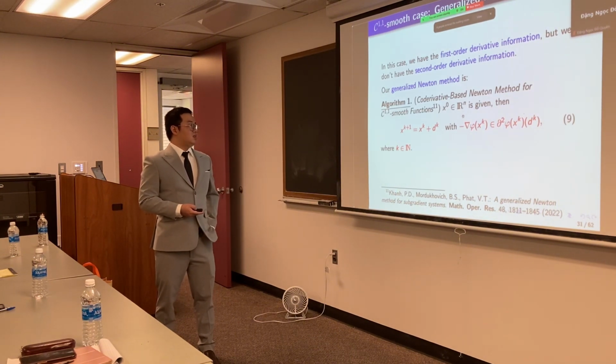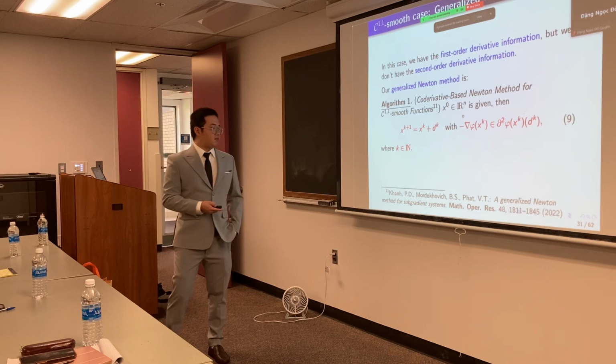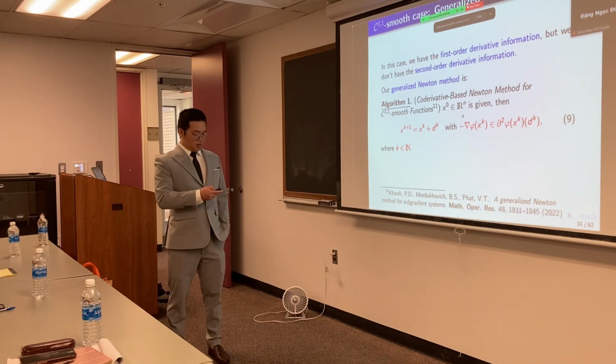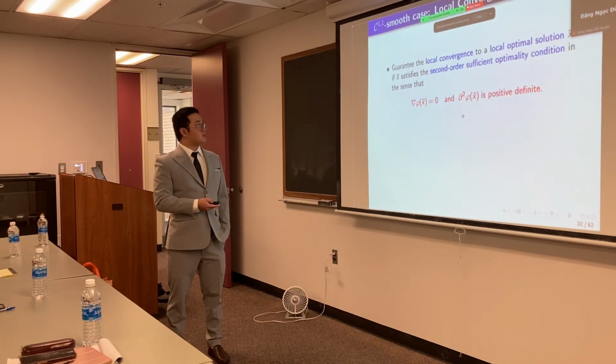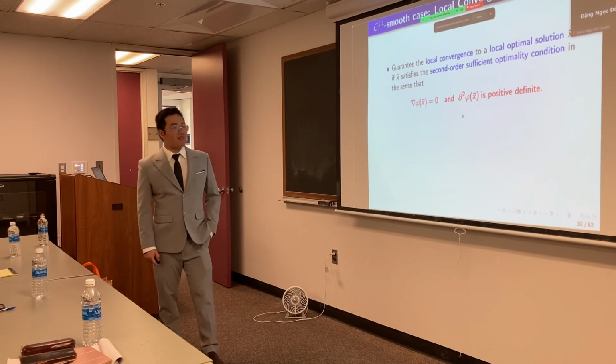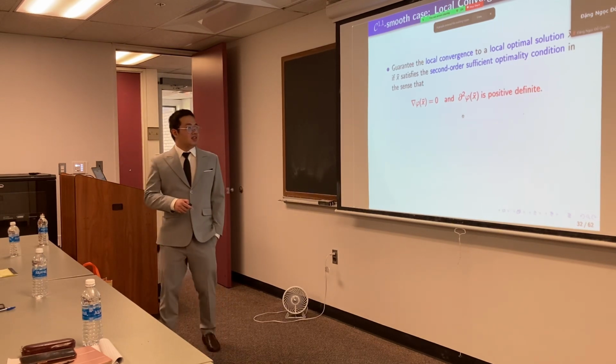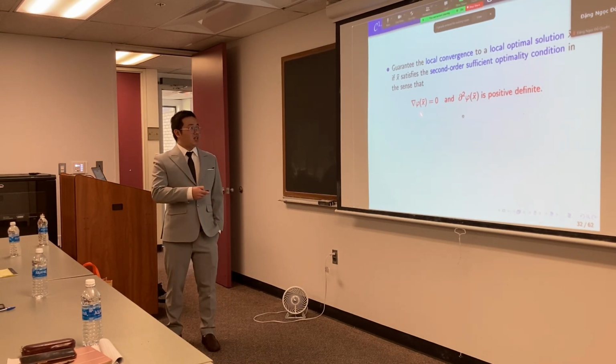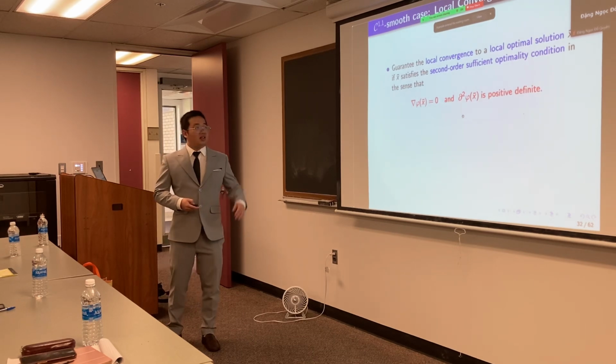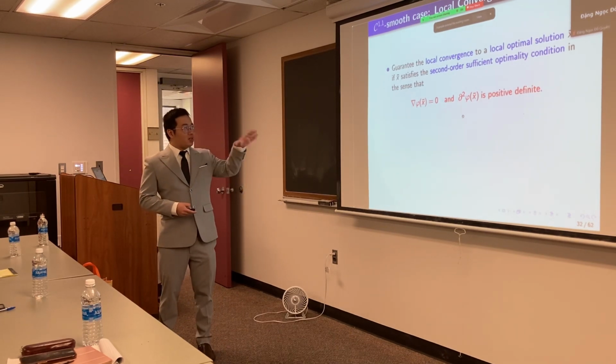And this method has been presented in our work. We can guarantee the local convergence if we have the condition that the gradient of phi at x is 0, so it is a stationary point, and the second order subdifferential is positive definite. Here we not only get this result, we get more than that.